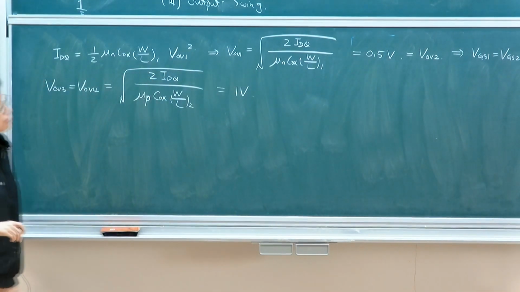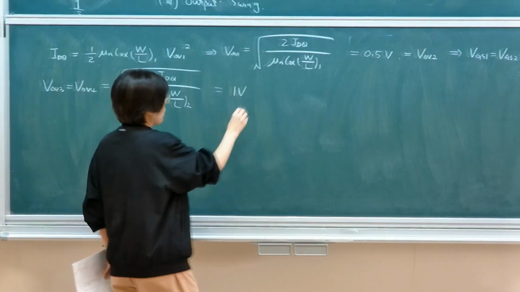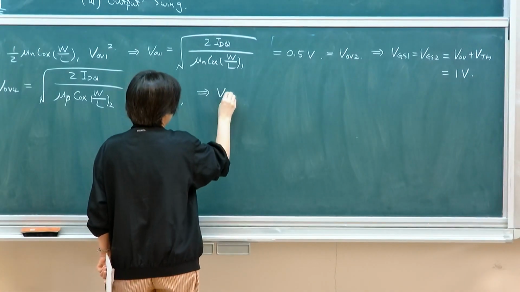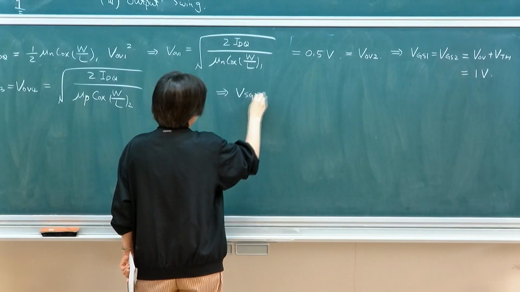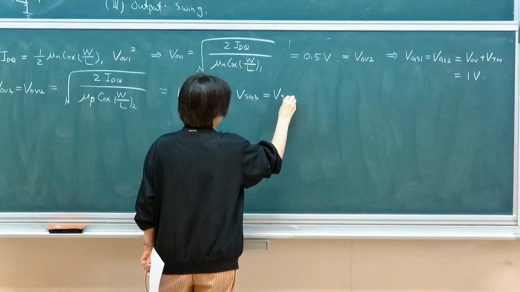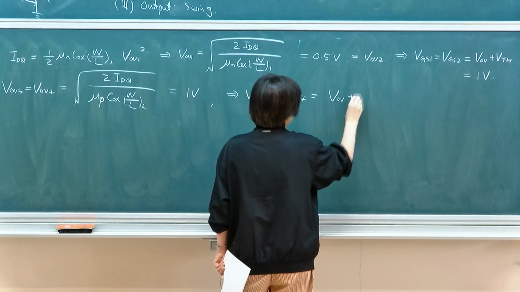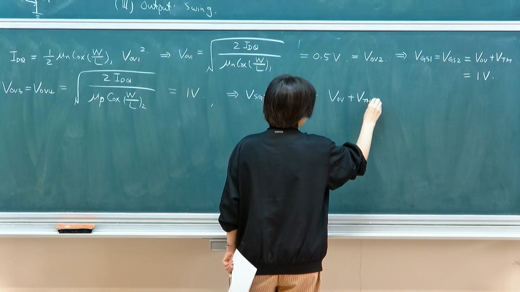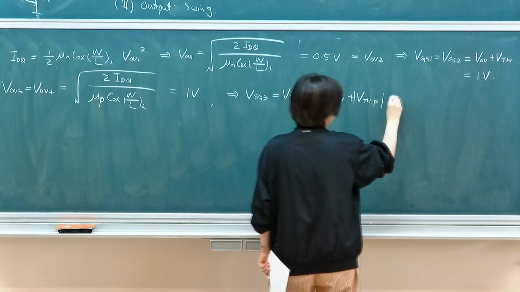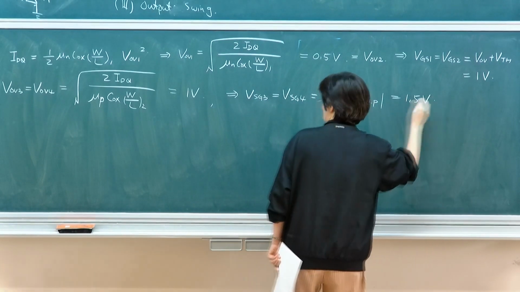That's for NMOS. So VSG3 equals VSG4 equals VOV plus threshold as well, and this will be 1.5 volt.